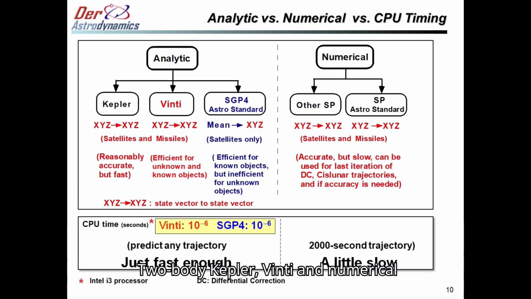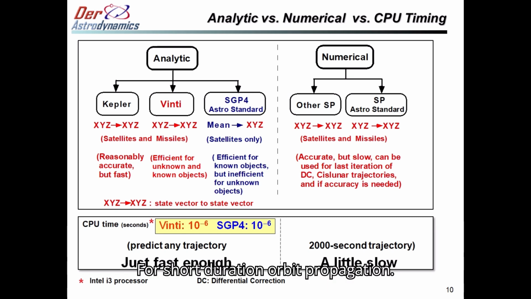Applications: two-body Kepler, Windy, and numerical integration can be used for satellites and missiles, but HB4 can only be used for satellites. Efficiencies: two-body Kepler, Windy, and numerical integration are efficient for known and unknown objects, but HB4 can only be used for known objects.